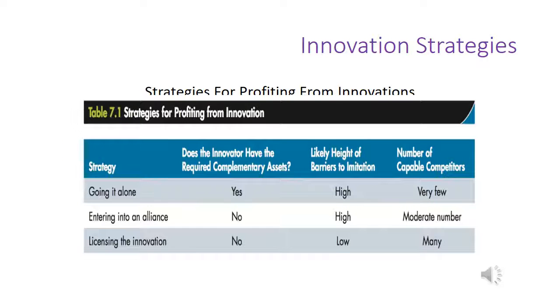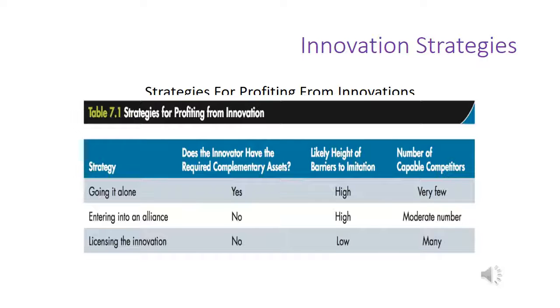The way in which the previous three factors influence innovation strategies is listed in Table 7.1. When the pioneering company has access to complementary assets, barriers to entry are high, and there are few capable competitors, it makes sense to develop and market the innovation on its own.